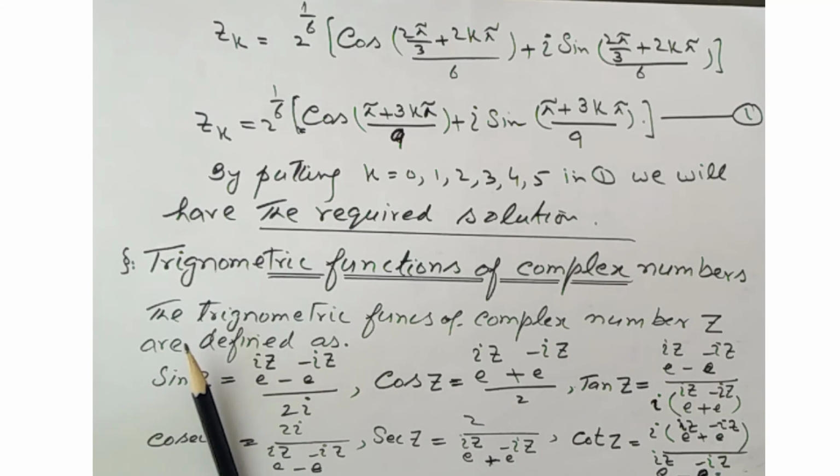The trigonometric functions of a complex number z are defined as sin z equal to e to the iota z minus e to the minus iota z divided by 2 iota, and cos z equal to e to the iota z plus e to the minus iota z divided by 2, and tan z equal to this formula, and this is for secant z, and cot z. They are very useful formulas in the field of complex trigonometric functions.